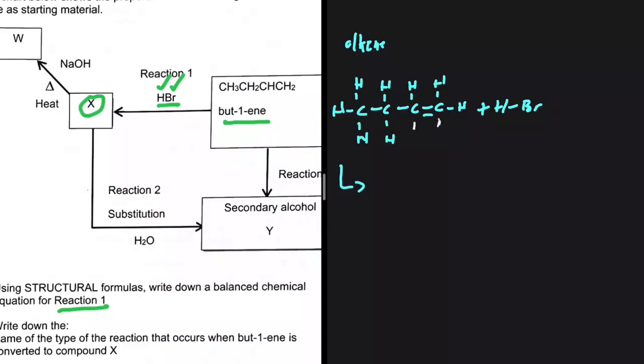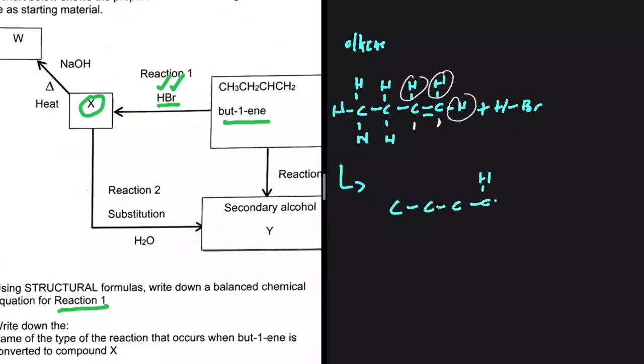The hydrogen is going to go to the carbon with the most number of hydrogens already. If you look at our situation, this first carbon has 2 hydrogens and the second one has 1 hydrogen. So the hydrogen is going to go to the carbon with the most hydrogens. That is Markovnikov's law. So let's have our product now.